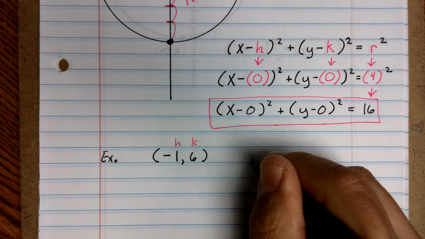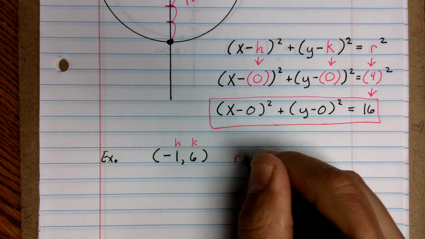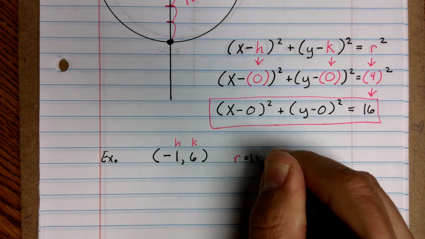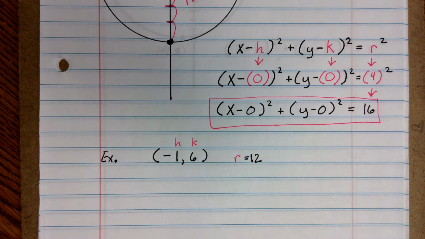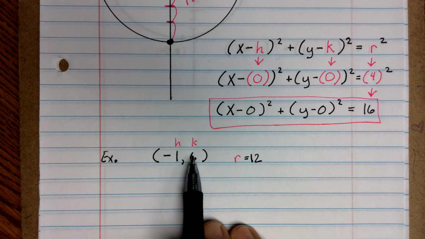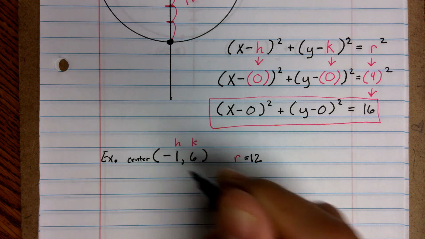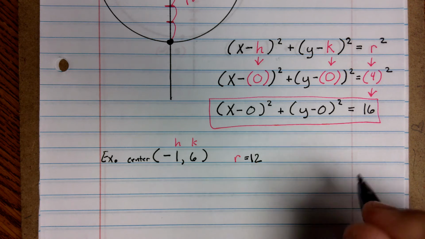And let's say for our radius, we had 12. Now if we were asked to put this into an equation given the ordered pair, which is the center of the circle, so I'm going to write right here center, and we're given r, our radius.